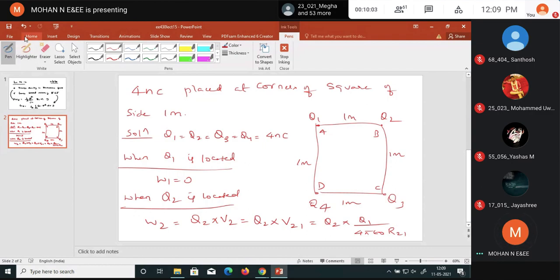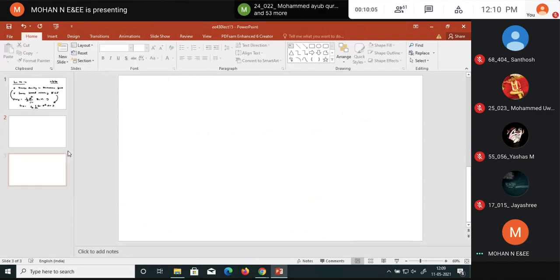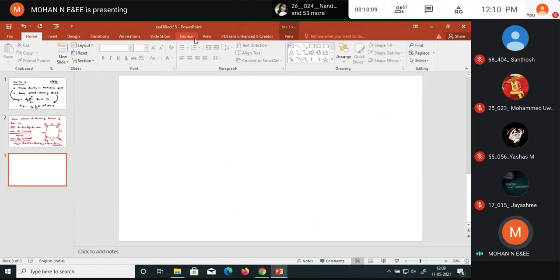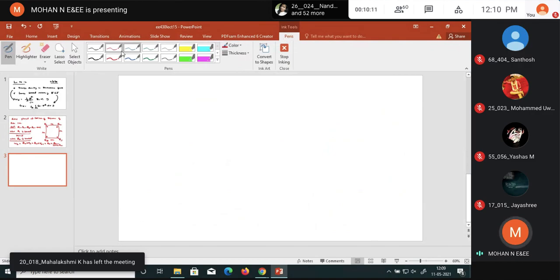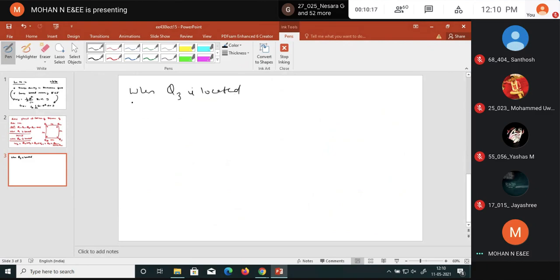Next, you have to solve for W3, the work done when Q3 is located. That is nothing but Q3 into V3.